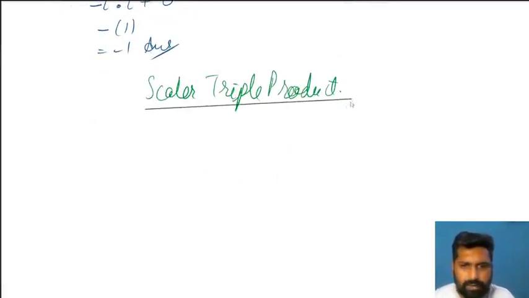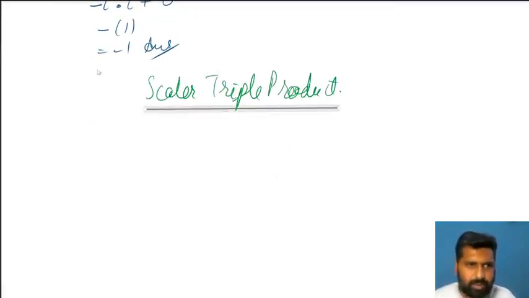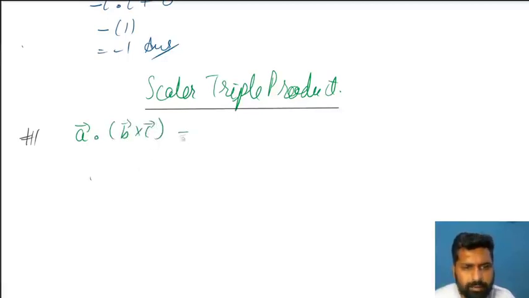But sometimes the questions are asked based on the properties. So let's go through the representation and the overall idea. Scalar triple product is basically A dot B cross C, but it is represented like this: [A, B, C]. So instead of writing dot and then cross, directly we say [A, B, C], in this notation.